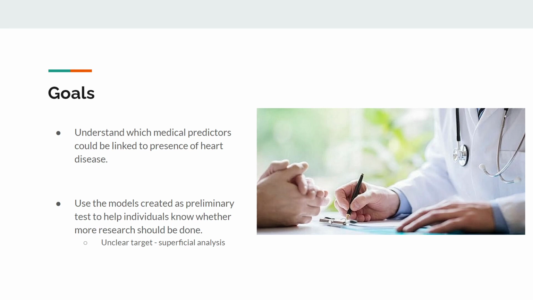And the reason why I say that is because the target field, being a rating of heart disease from 0 to 4, is unclear because there are certainly many types of heart disease. So this should be viewed more as a superficial analysis to see the severity of heart disease in an individual, but once you get that rating, you should definitely go to a doctor to figure out exactly what your specific condition is, if any.